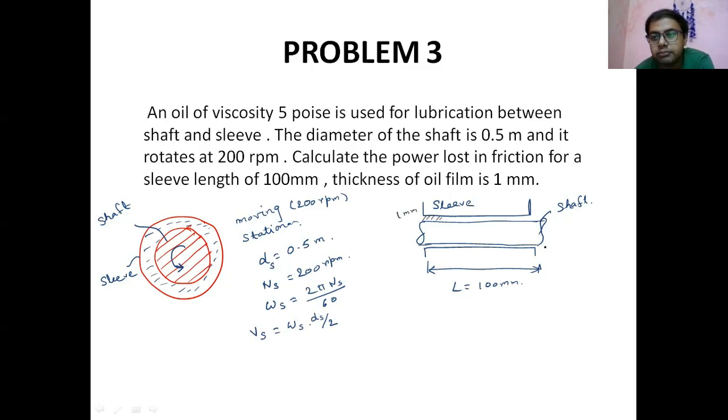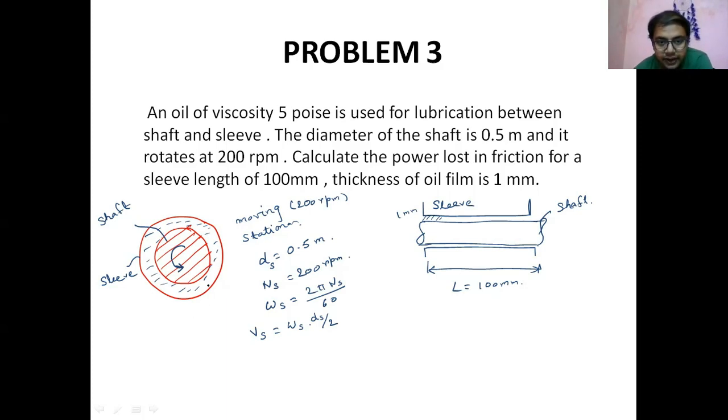It's very small. So as it is very small, with Newton's law of viscosity linearization, you can consider the velocity profile to be linear here, because the thickness is very small.